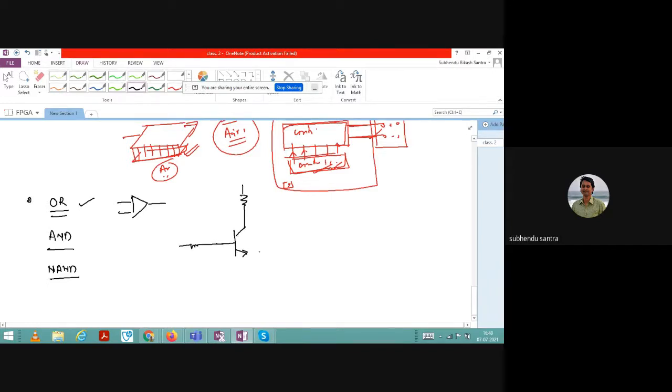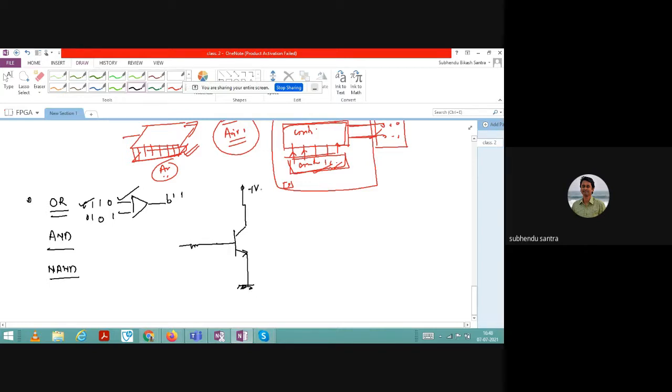So this is your base circuit, and this is the emitter circuit. This is one transistor, right? Because it is an OR gate. OR gate means if it is 0 and this is 1, the output will be 1. If it is 1 and 0, the output will be 1. If it is 1 1, then also 1. If it is 0 0, then it will be 0. That means the load that I have connected here, I need not connect in this, and don't give a ground.